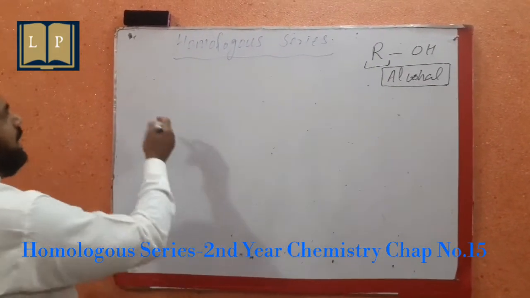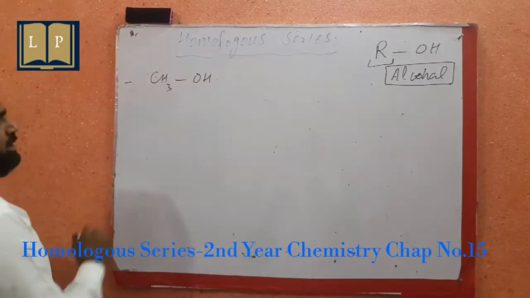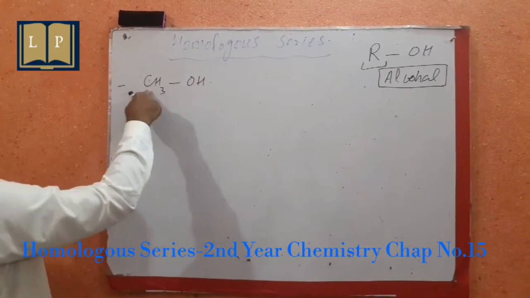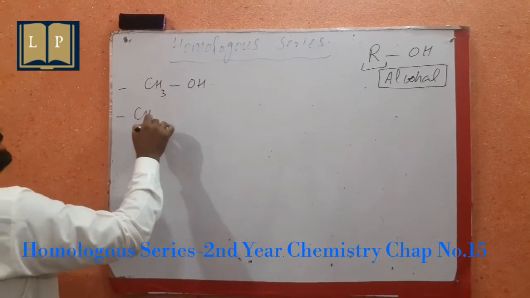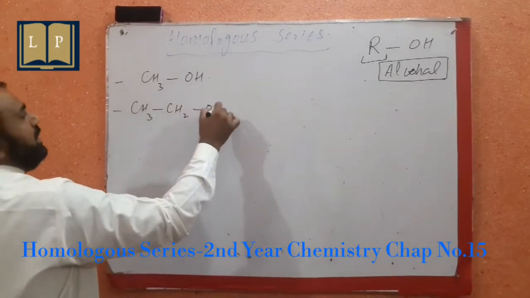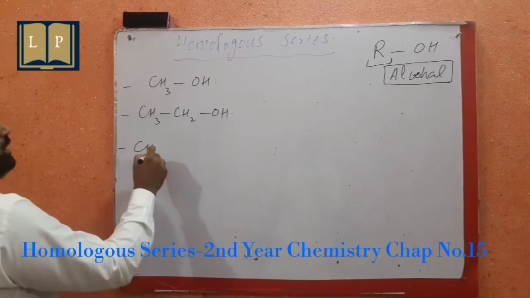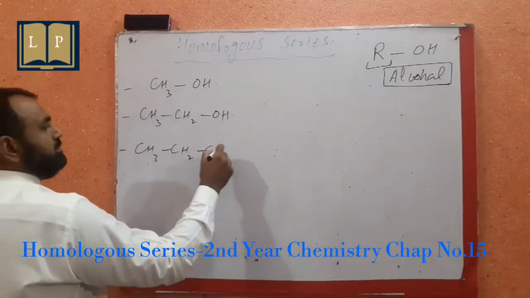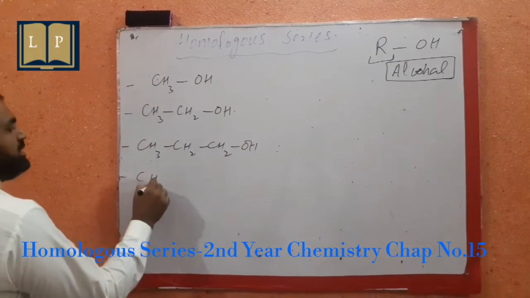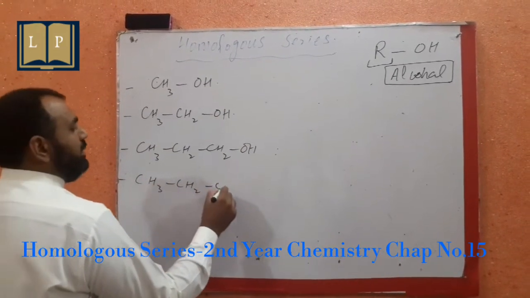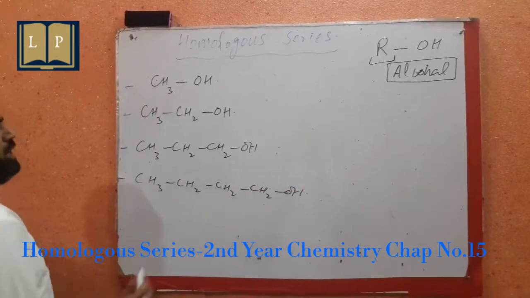For example, the simplest of the alcohols is a 1 carbon alcohol in which the R group contains 1 carbon atom, that is CH3OH, methyl alcohol. Next is a 2 carbon containing alcohol, that is C2H5OH. Next is a 3 carbon containing alcohol, that is propyl alcohol. Next we have a 4 carbon containing alcohol, that is butyl alcohol, and so on.